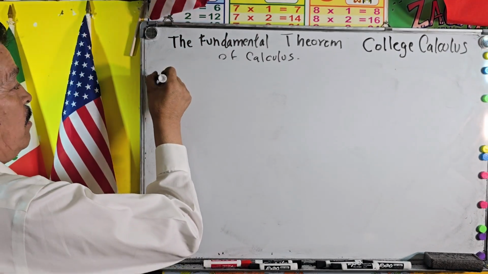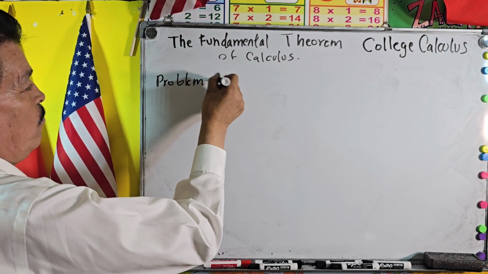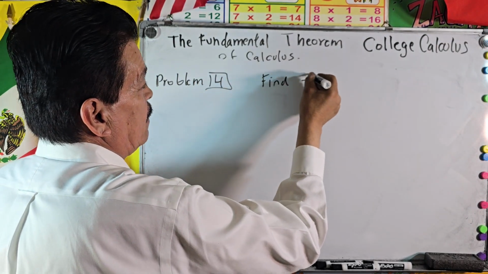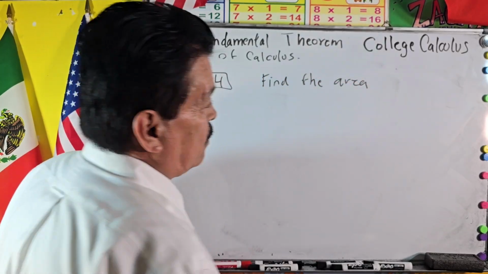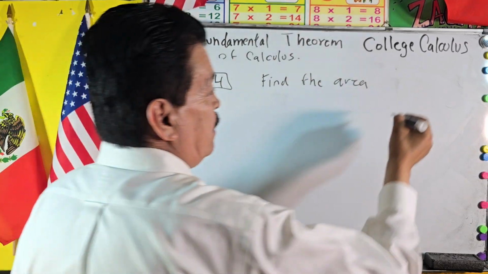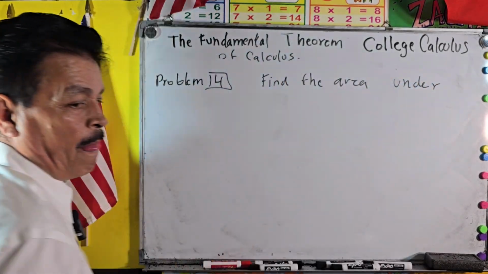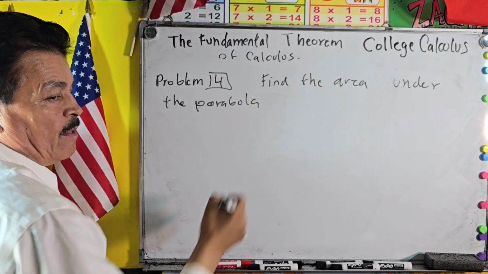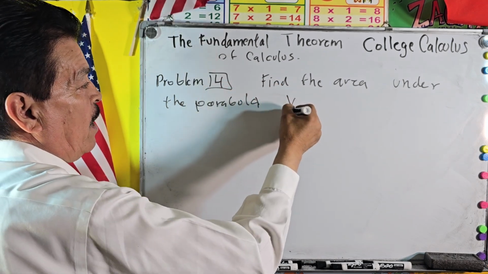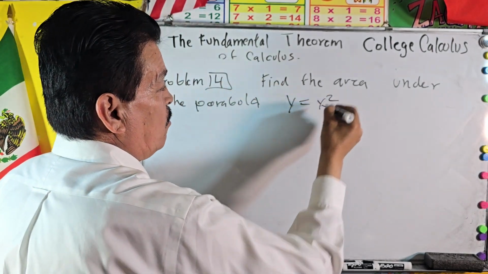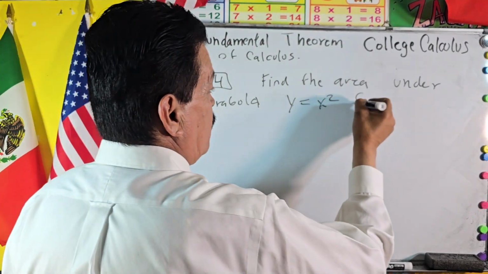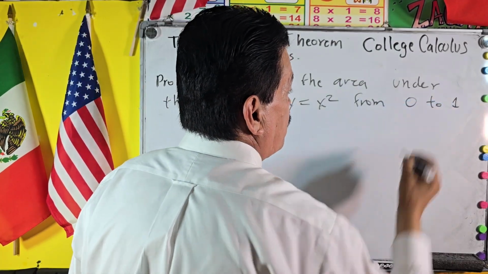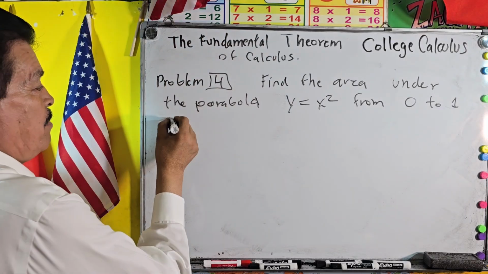So problem 4: find the area under the parabola y equals x to the second power, from 0 to 1. That's our problem. Very simple. Solution.